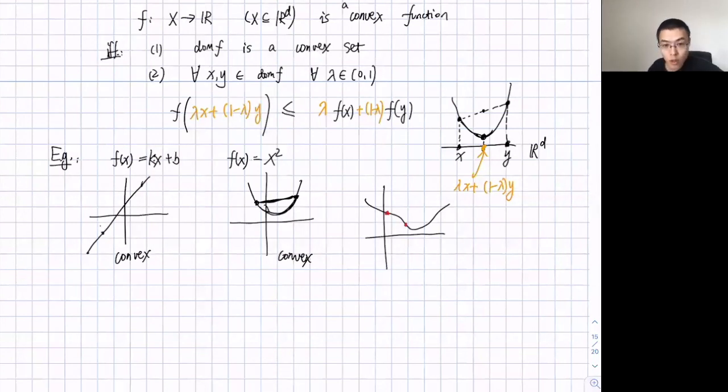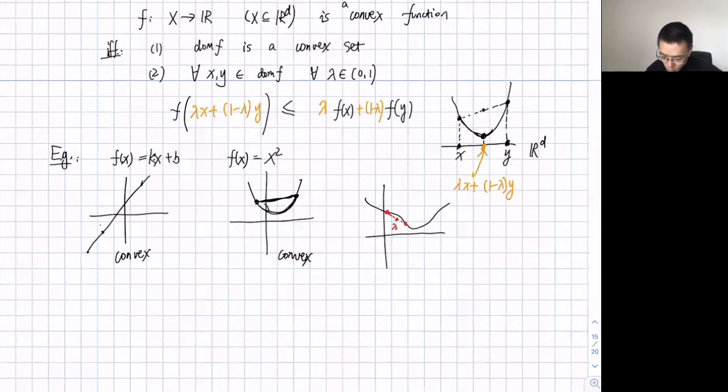I can choose lambda as the middle, just one lambda in the middle. That suffices. Then the function of the average input is greater than the average of the functions. So this is not convex.